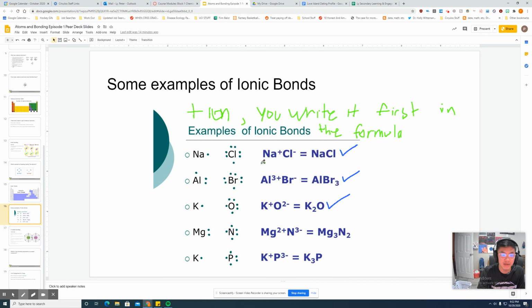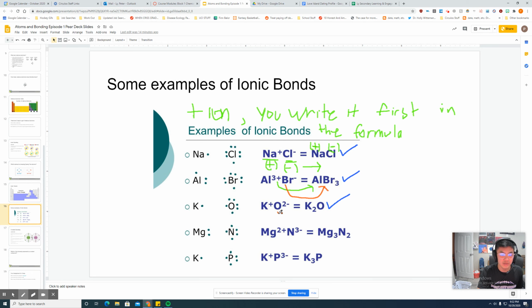So for example, see how sodium here is positive and chloride is negative. When you combine, you notice that sodium, which was the positive, goes first, and then chlorine was the negative. And you can see here with aluminum bromide, aluminum is the positive, and let me use another color to help you find the contrast, and bromide was the negative.